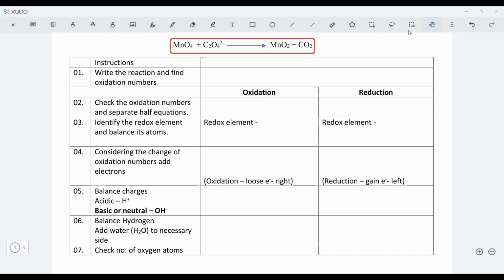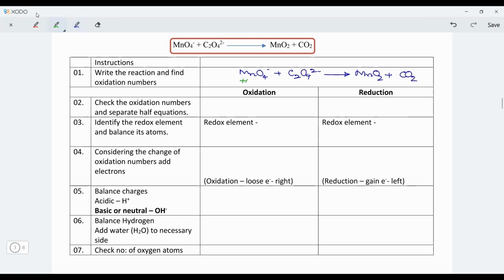Okay, now I am going to do this balancing for basic medium. In acidic medium, we applied H plus for balancing charge, but in the basic medium, we are applying OH minus for balancing the charge. As instructed in the first step, we write the reaction and identify oxidation numbers. Here plus 7.